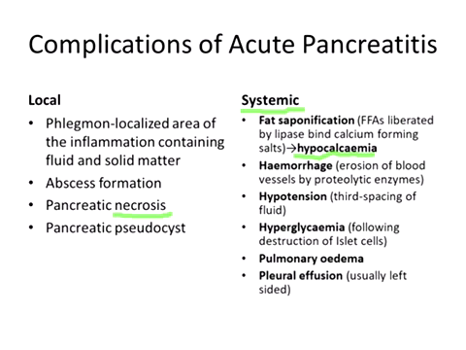This is a process called fat saponification. By binding the calcium from the blood, the amount of free calcium in the blood is reduced and hypocalcemia ensues. This is a dangerous complication as calcium is required for muscle and nerve function.